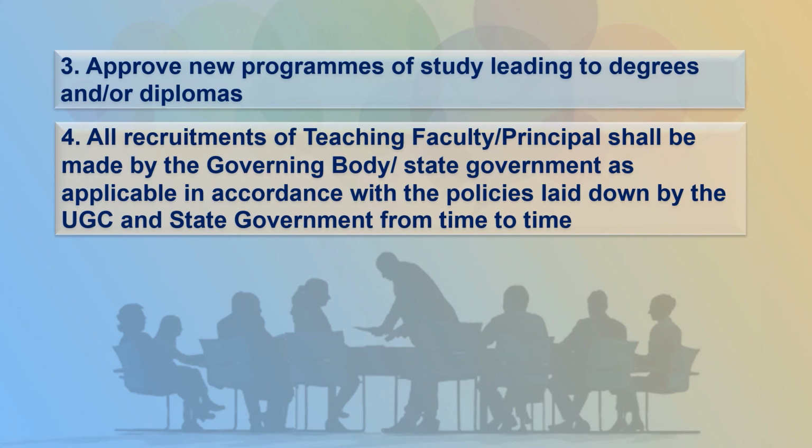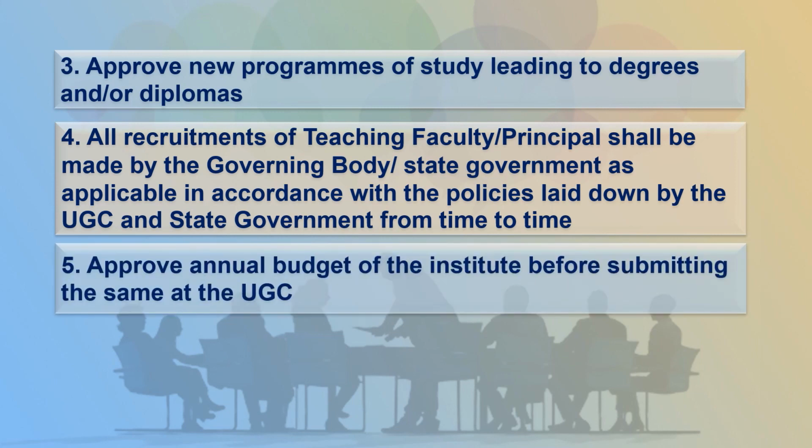Number 4, all recruitments of teaching faculty, principal shall be made by the governing body or state government as applicable in accordance with the policies laid down by the UGC and the state government from time to time.